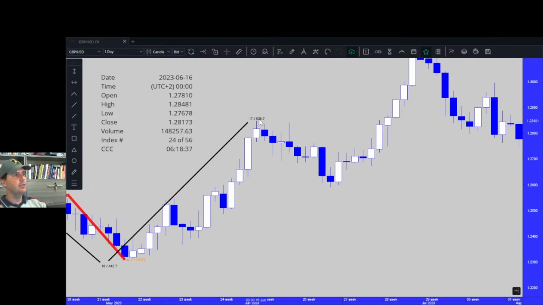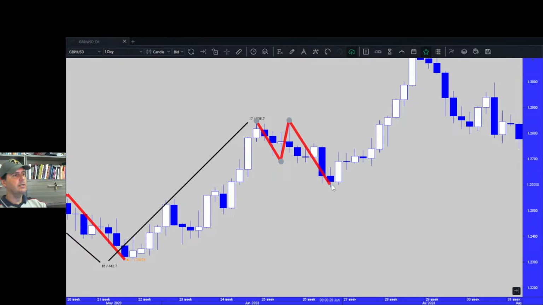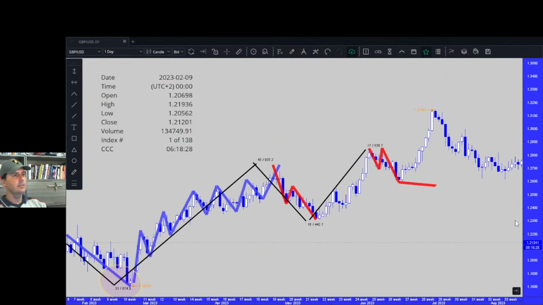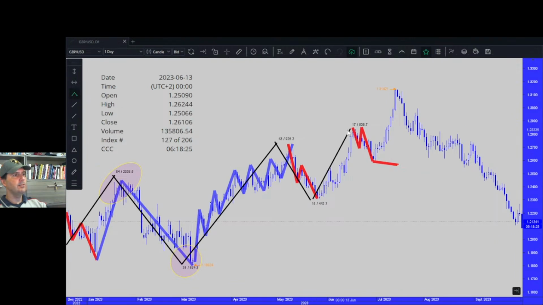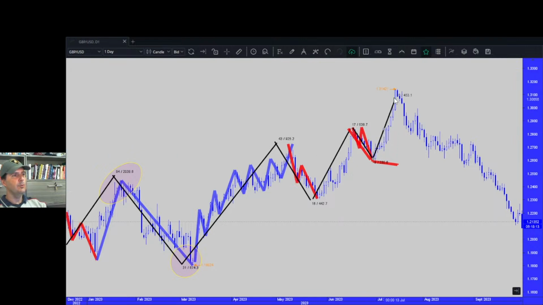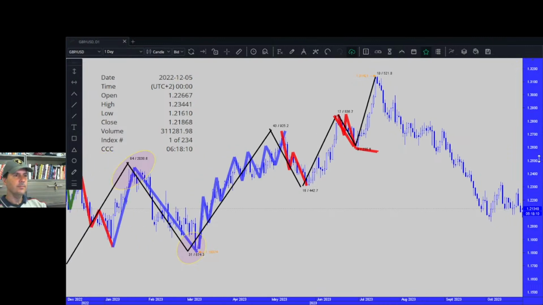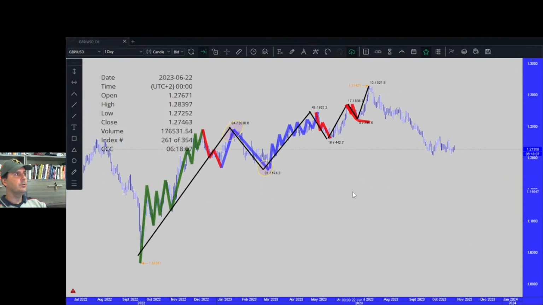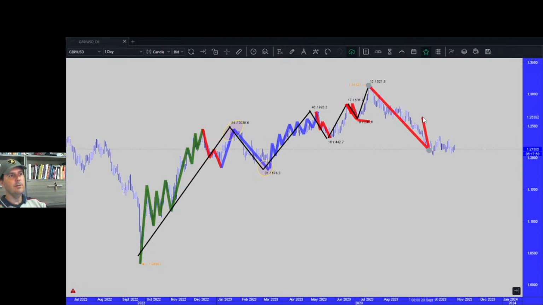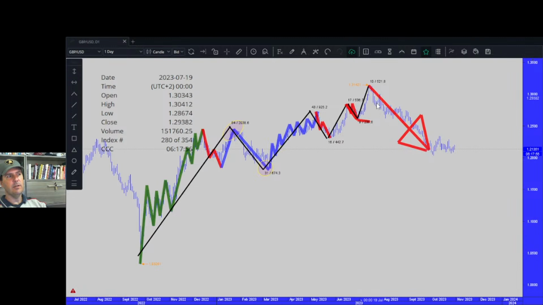You chart high to low, low to high, high to low, right? So this is another retracement, and then it made a higher high, you have another extension, right? So now talking about GBP USD daily chart and the market structure or the market wave, it's a no-brainer that we have a down market structure, down market wave.